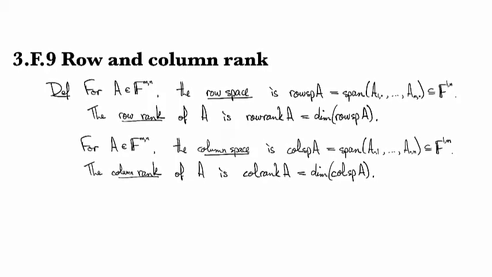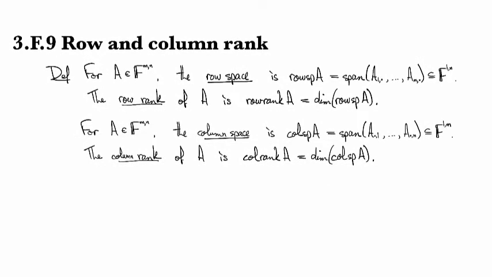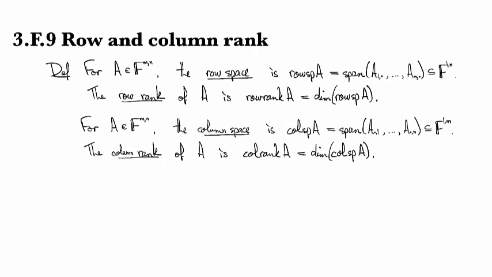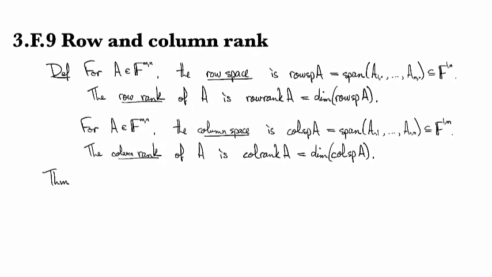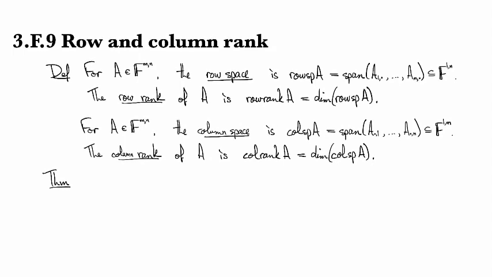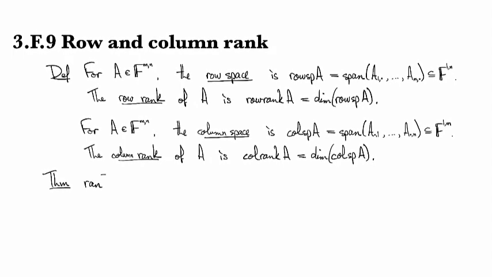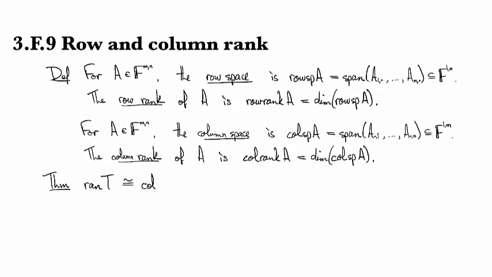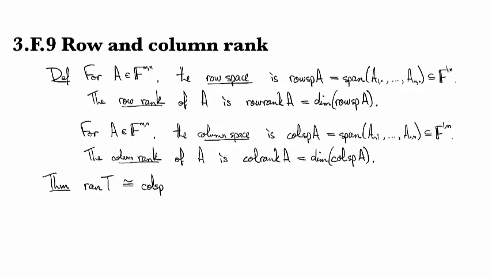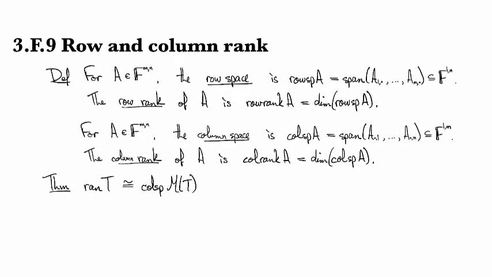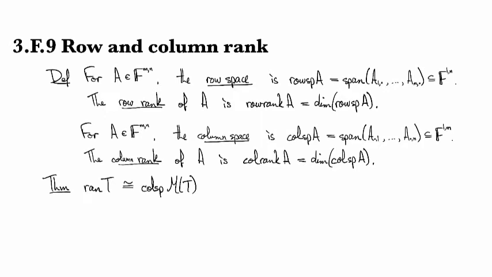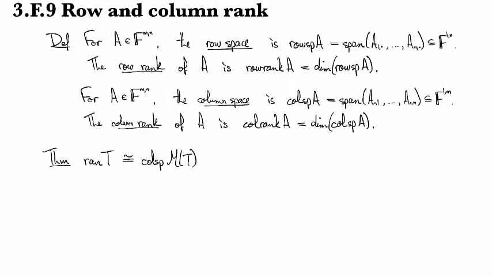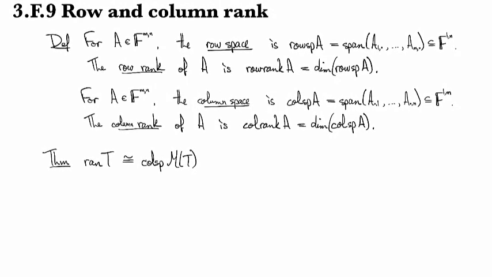Okay, so we can talk about what you can build out of rows, and we can talk about what you can build out of columns. And a theorem, which is hinted at in the book but not actually stated, is that the range of T is isomorphic to the column span of its matrix. I actually talked about this once long ago when we first talked about the rank nullity theorem and the fundamental theorem of linear algebra.